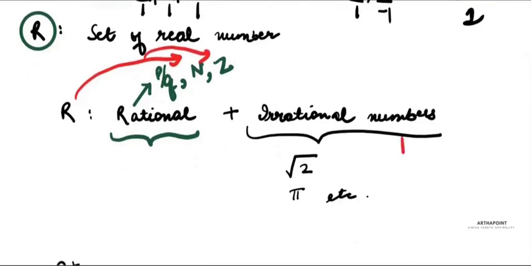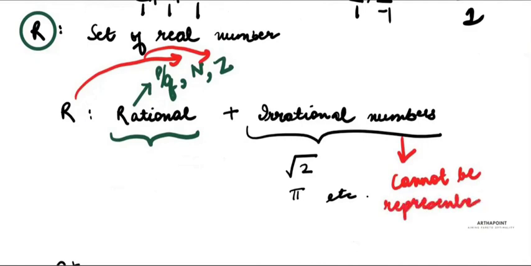And an irrational number is any number which cannot be represented in P by Q form.